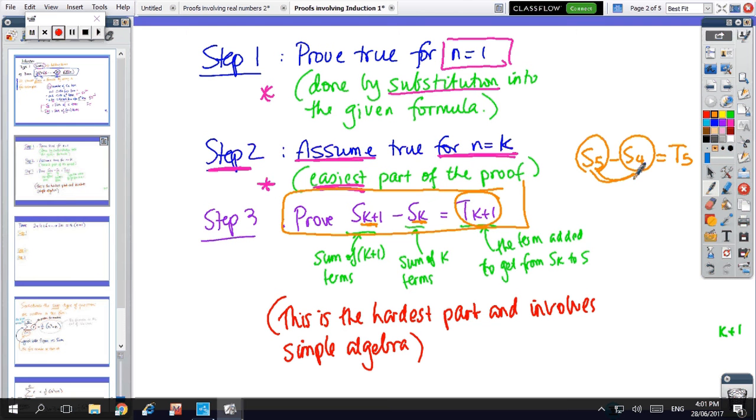So if we can prove, for not numbers 4 and 5 but for any k and k plus 1, that the difference between them is the term that you've just added, the term added to go from Sk to Sk plus 1, that's the term we added. And this is the hardest part, but in actual fact, it's some pretty simple algebra. So copy those down, and when you're ready, come across.